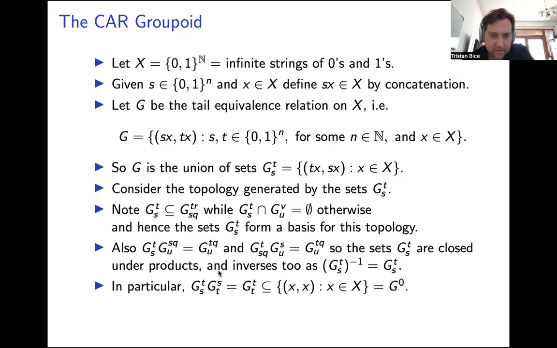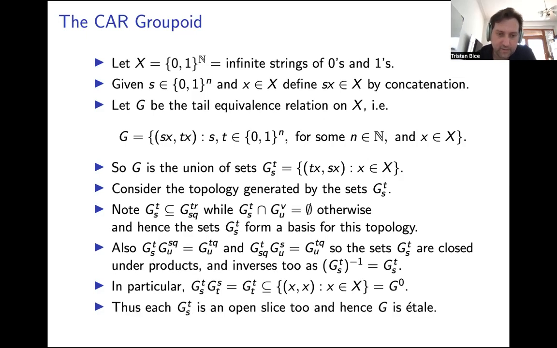Okay, so what this tells you is that not only are these cylinder sets closed under products and under inverses, but they also satisfy this key condition here and the reverse, which tells you it's actually a slice. So I have a basis of open slices, closed under products and inverses.